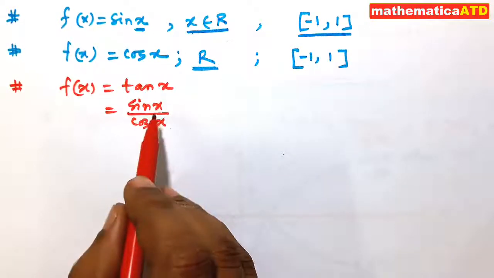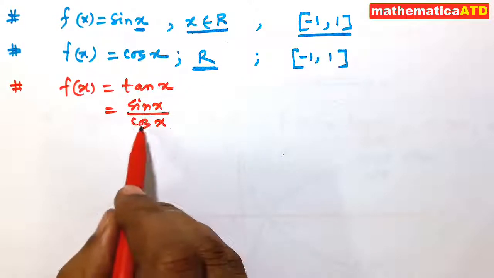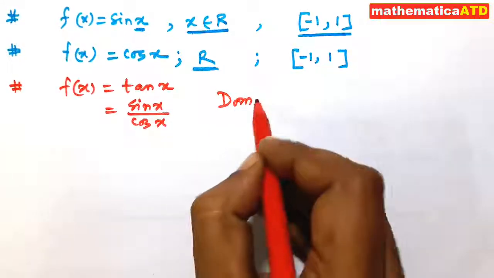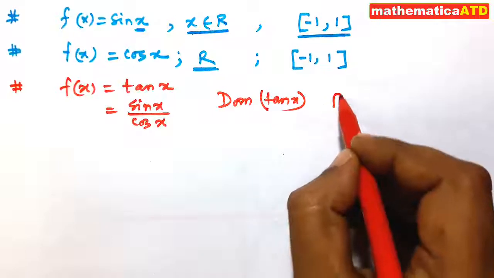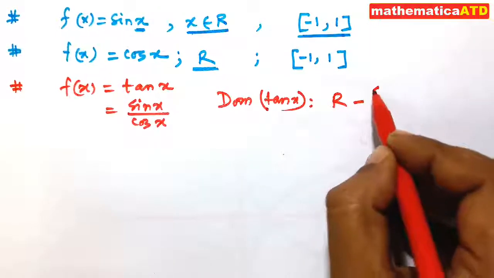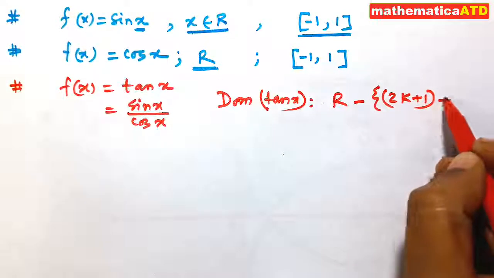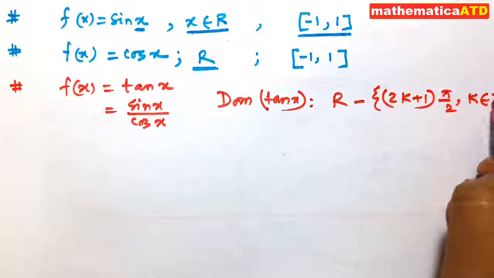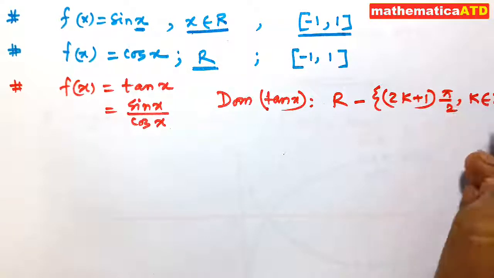So tan x is not defined at the points where x is an odd multiple of pi by 2. That means the domain of tan x is R minus {(2k+1) pi/2}, where k belongs to Z. Z denotes the set of integers.